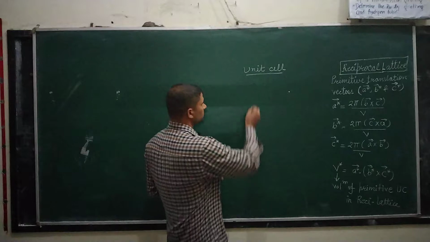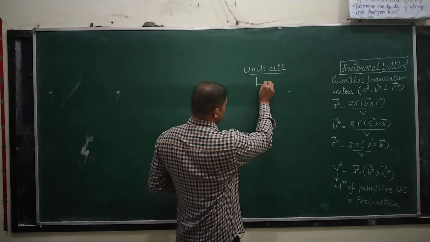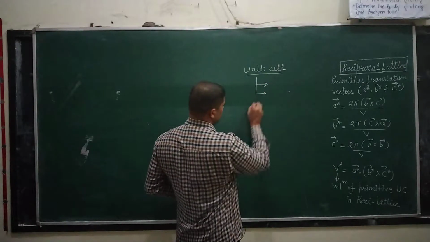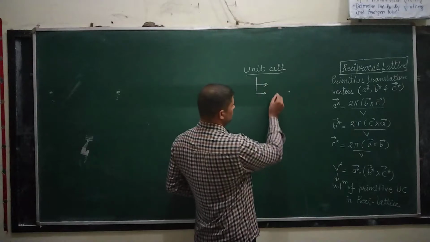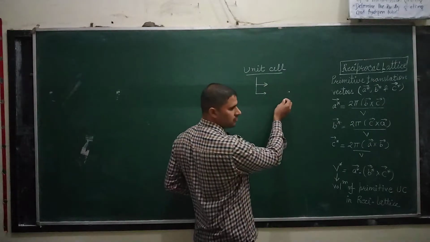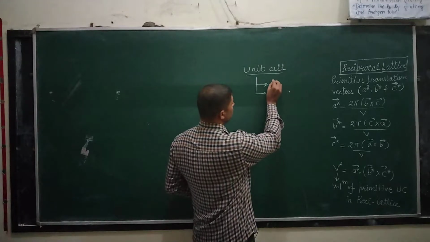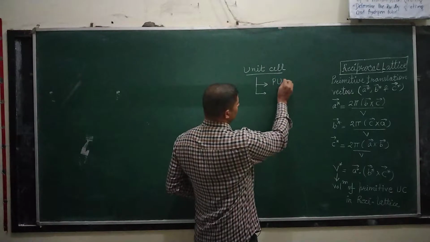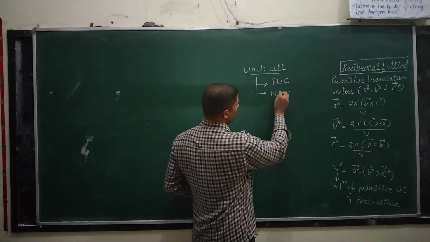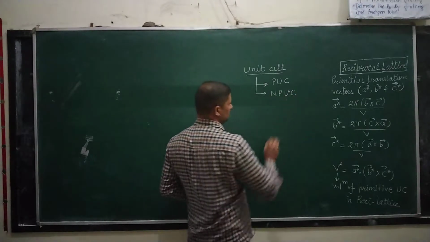In the previous lectures we have seen that these unit cells can be primitive and non-primitive. So I am writing here in short: primitive unit cell and non-primitive unit cell.